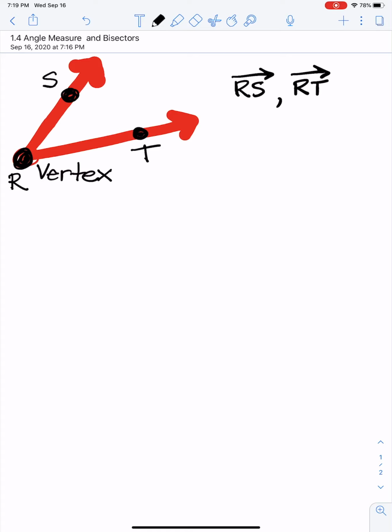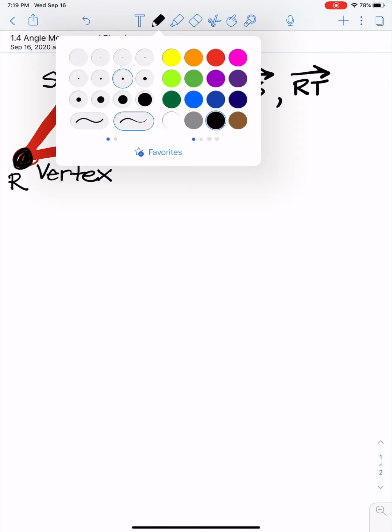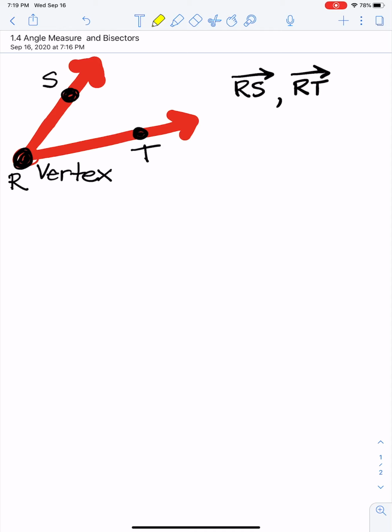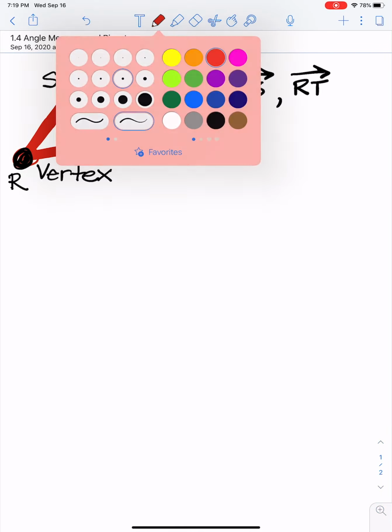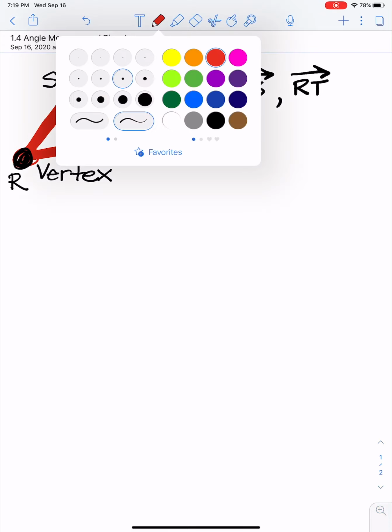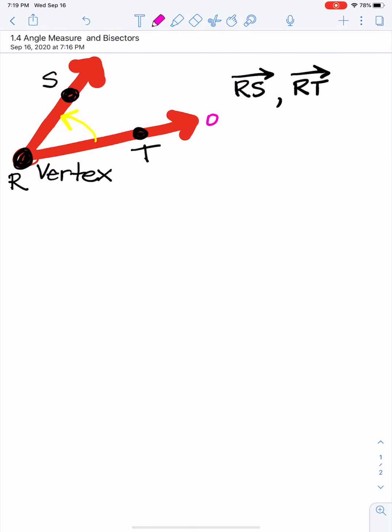Now, angles are made up of the rays, which are the boundaries, and then the internal part, which determines the measure, is the part inside. So if I were going to measure with a protractor, I would put the protractor down on the ray RT and measure here from 0 degrees up to whatever this measure might be.